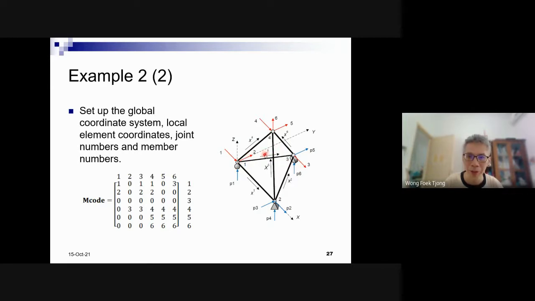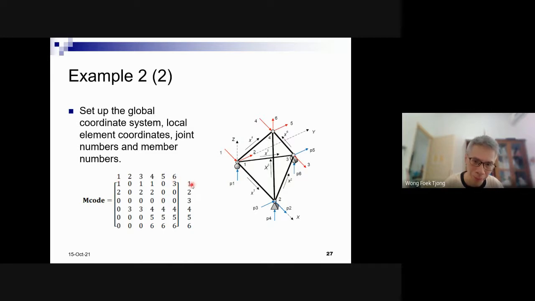Okay. Once you have given the labels for the degrees of freedom, these are the global degrees of freedom, right? You can connect them to local degrees of freedom. The information of the connection or mapping between global and local coordinates is given in the MCOT matrix, right? So this is for each element number 1 to 6, because we have 6 elements.